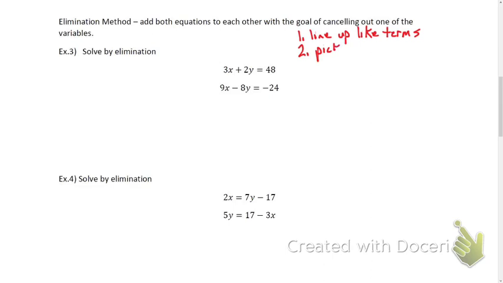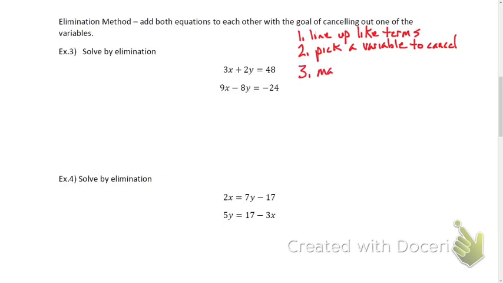Pick a variable to cancel. So you can literally pick either of the two variables, doesn't matter which. Sometimes one is set up easier than the other.